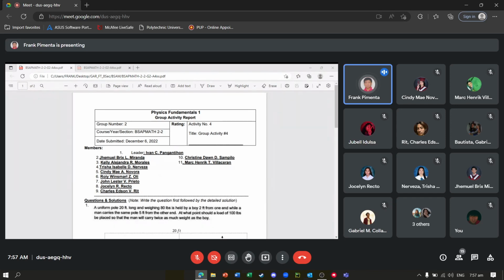In our next meeting, dapat before that, the revised solution must be forwarded. So ito yung mga members. You must help your leader.